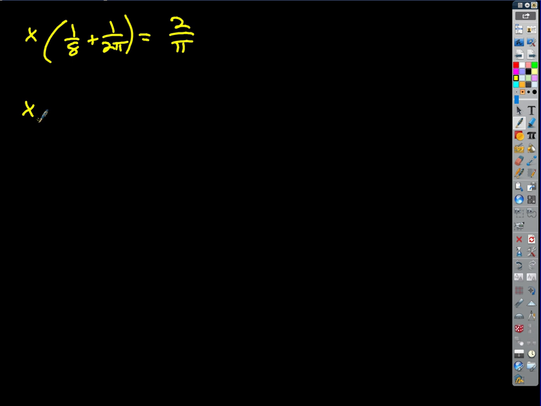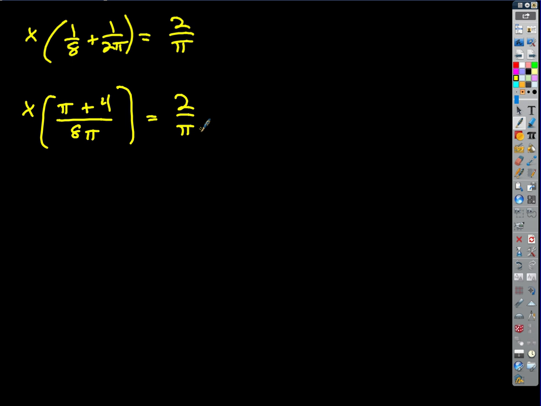I can multiply one term by 4 over 4 and the other by pi over pi. So I get (pi plus 4) over 8 pi. Is that right? I think so. Equals 2 over pi.